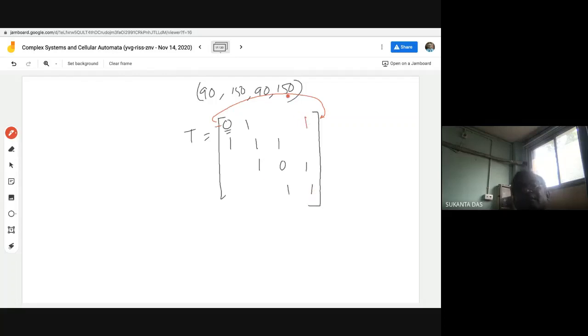Similarly, for the last cell, rule 150, it depends on left as well as right. But in case of right, what is the next cell? What is the right neighbor of the rightmost cell? This one, because it forms a circularity. So therefore, it is 1. Okay, so the rest is 0.